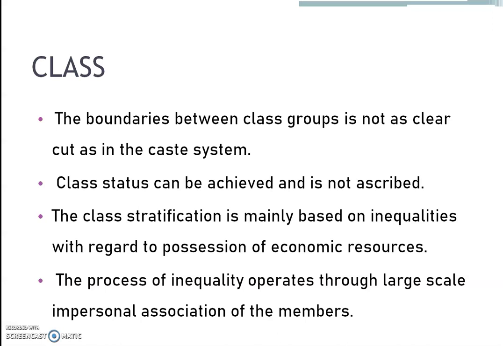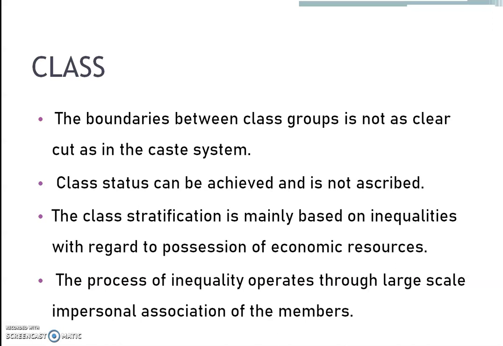So when we talk about class stratification, somebody is said to be unequal as a class based on one's economic possession. So, based on your economic position, you will be a high class person, a middle class person, a low class person, or perhaps you can be a BPL, below poverty line.